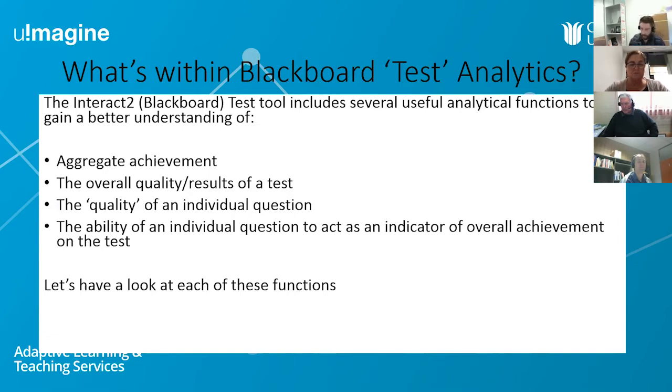You can also see the overall results on a test. You can see the quality, and again I've put that in inverted commas, of an individual question, and the ability of an individual question to act as an indicator of overall achievement on the test. And they've got some specific terminology around those.